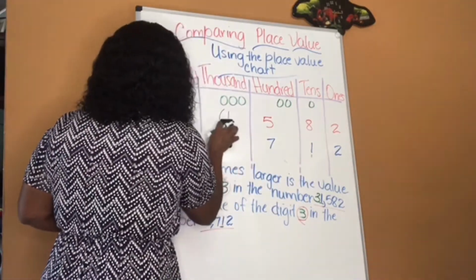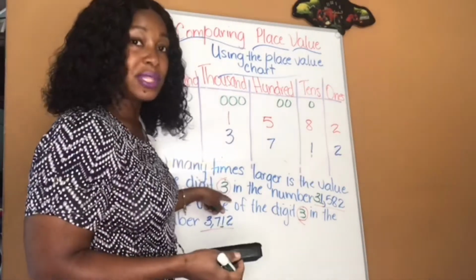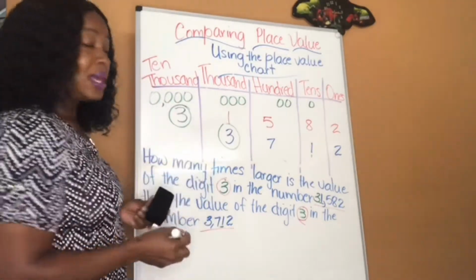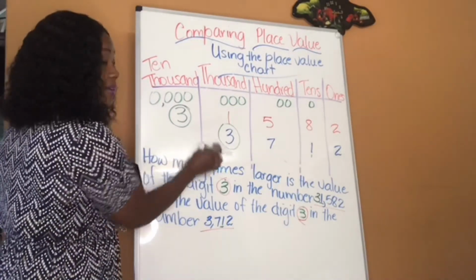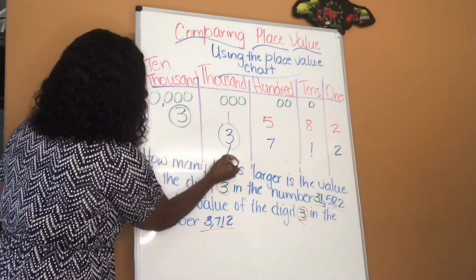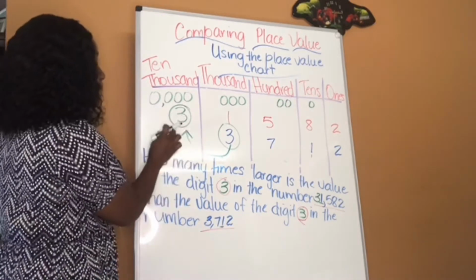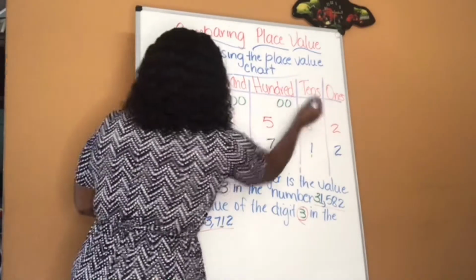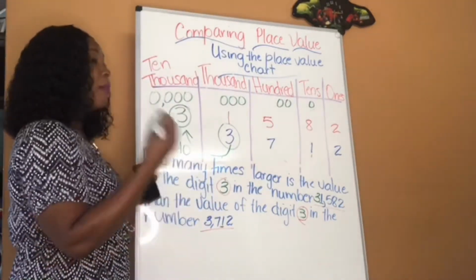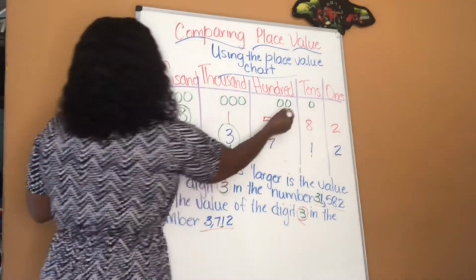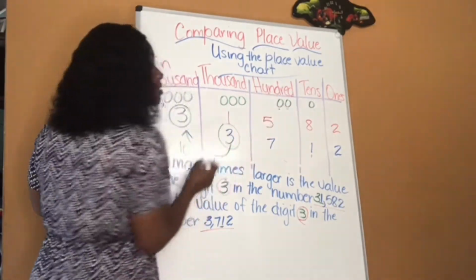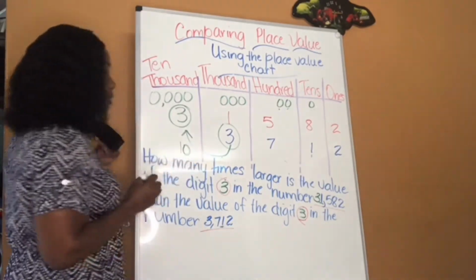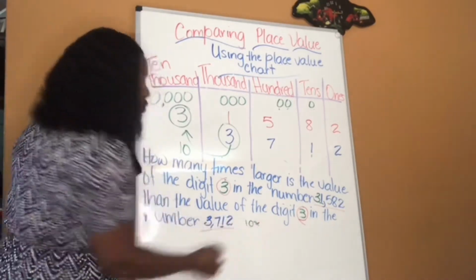What digit am I circling this time? If you say 3, that's correct. Since the 3s are here, I'm starting at this one, and I move 1 place, and I'm already at the other 3. So if I move 1 time, that's 10. The amount of times you move, you can think of it as the amount of zeros that you're going to add. So I move 1 place, it's 1 zero, so that's 10 times greater.